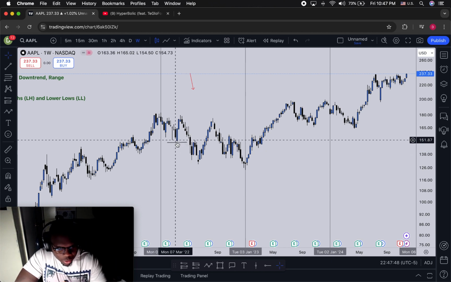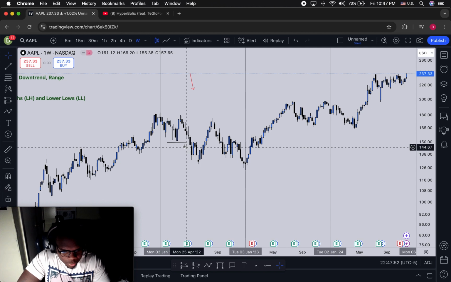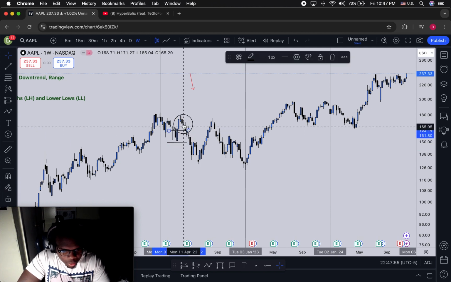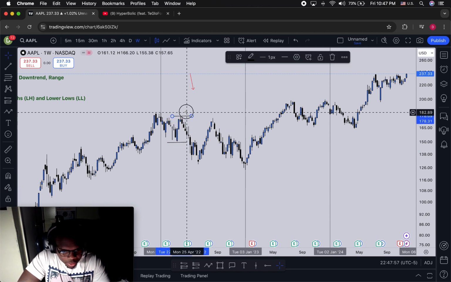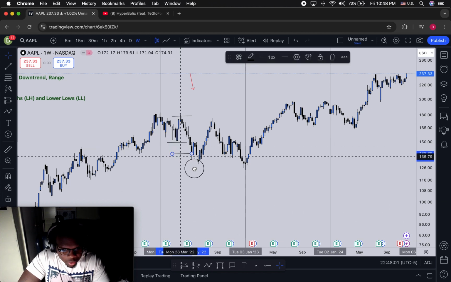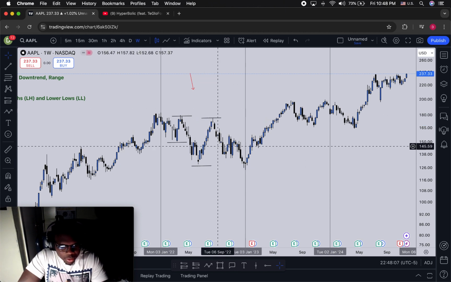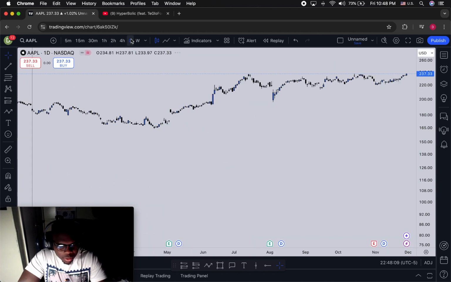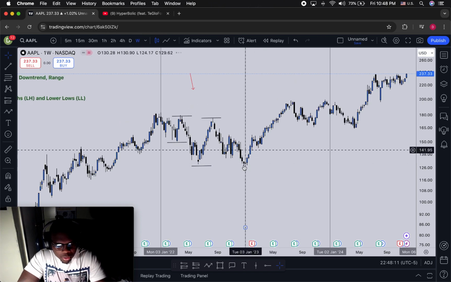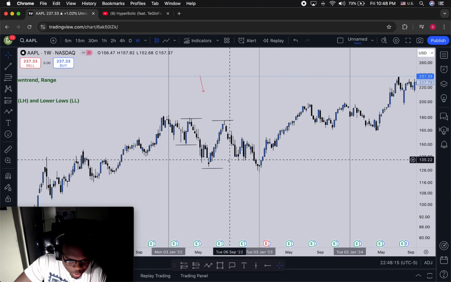We have a move down, and then this would be a low. Then we have a high, another low, and another high. Let's stick to the weekly.